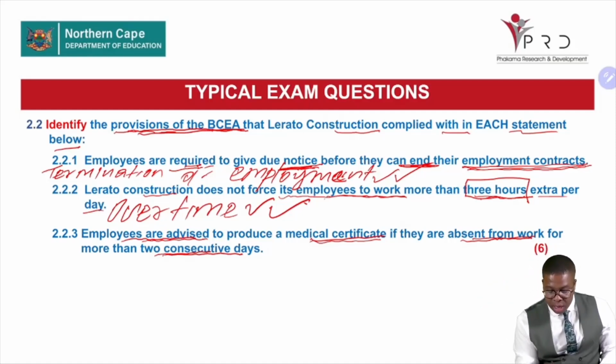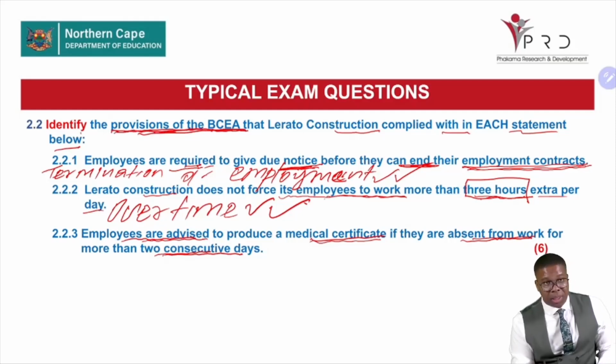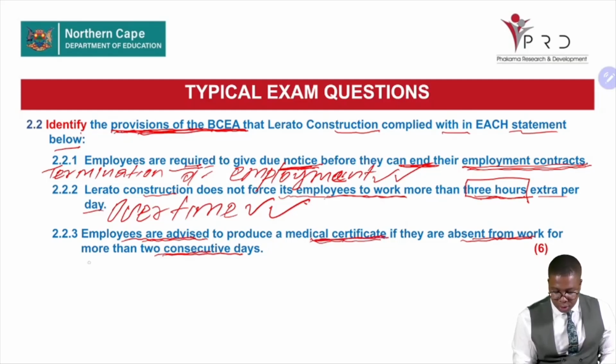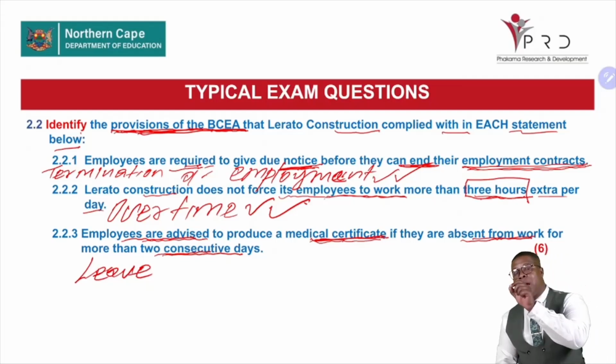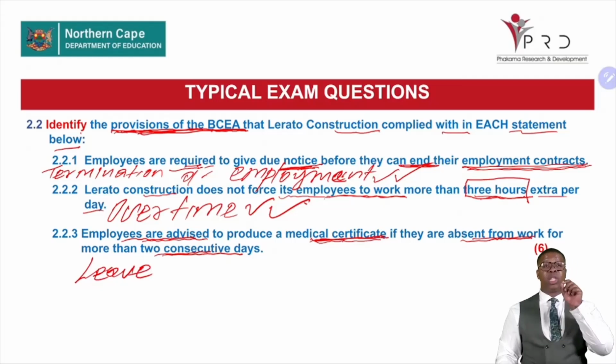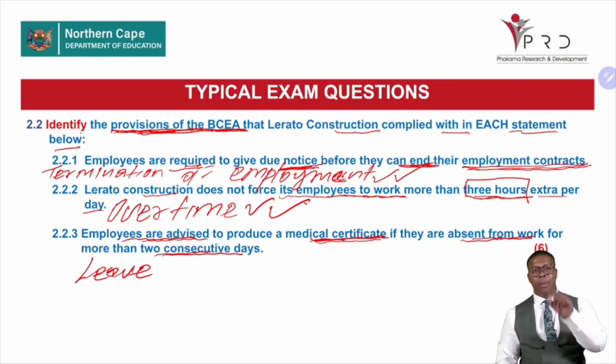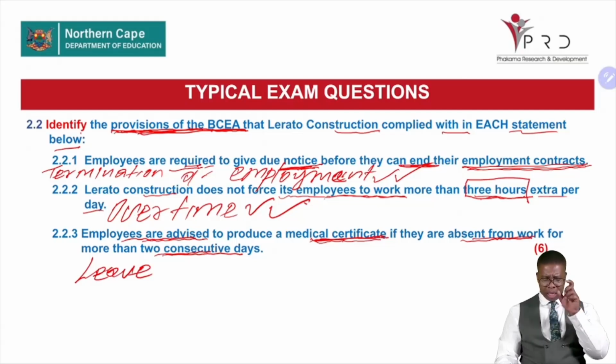But in this regard, the question is looking for provisions. I know the example used here is that employees have to produce a medical certificate. So the answer is supposed to be leave, but not sick leave, because sick leave is relevant to a question asking for types of leave. Here we are not looking for types of leave, we are looking for provisions. So the provision that applies here is leave. We are not answering a question that asks for the type of leave, hoping it makes sense.